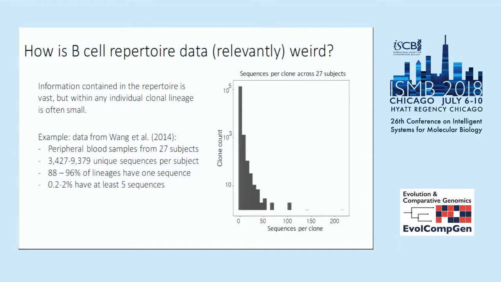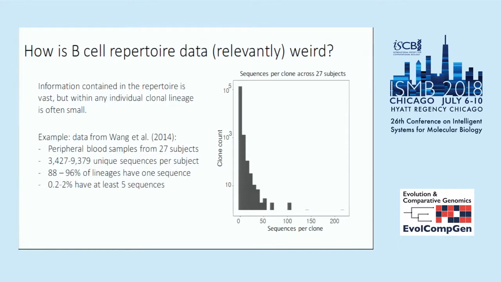So to give you an example, one data set we've been working with recently is from Wong et al. 2014. It's peripheral blood samples from 27 subjects, all of them healthy, and between 3,000 and 9,000 unique sequences per subject. So if you take those sequences and cluster them to try to separate out clonal lineages, you'll find quite a few lineages.